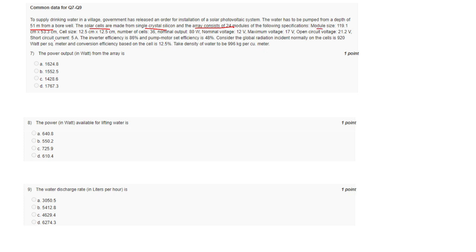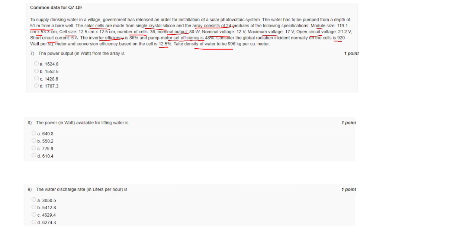Module size is given, cell size is also given, number of cells is given, nominal output, nominal voltage, maximum voltage, open circuit voltage, short circuit current is given, inverter efficiency is given, pump to motor efficiencies are also given. Consider the global radiation incident normally on the cell to be 920 watt per meter square, and the conversion efficiency based on the cell is given as 12.5%.